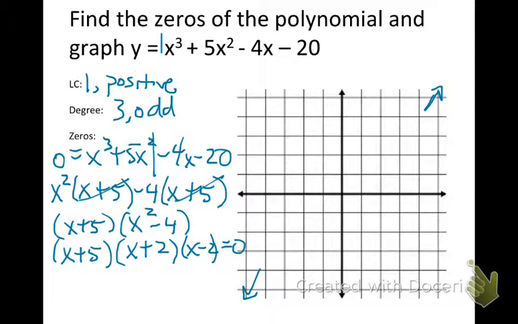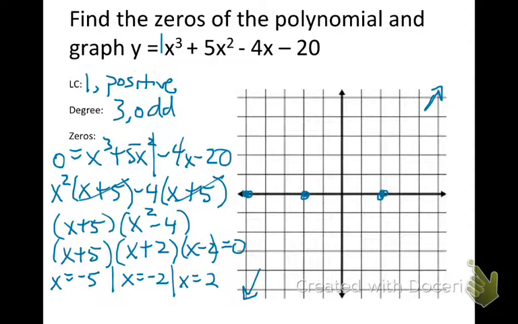Now if we set these each equal to 0, so on this first one, we know that we'll subtract 5, so our first zero will be at negative 5. Our next one, we set that equal to 0 and then subtract 2 over, will be at negative 2, and then this one will be at positive 2. So we can put those points on the graph. So on your x-axis, graph negative 5 and negative 2 and positive 2.